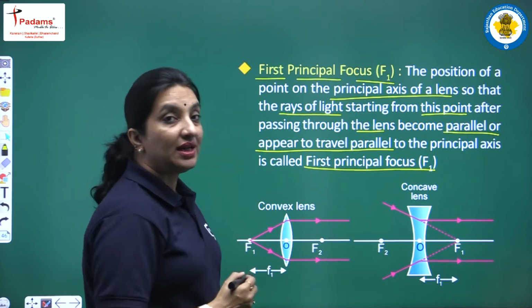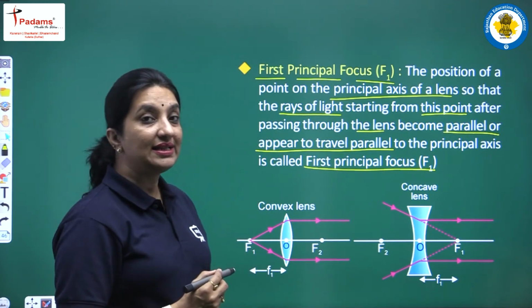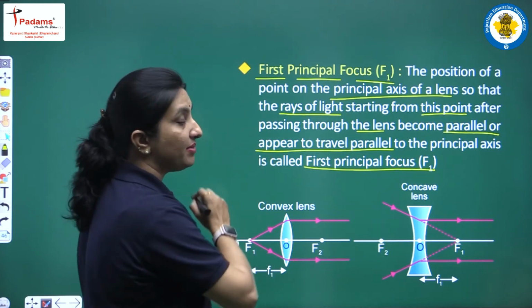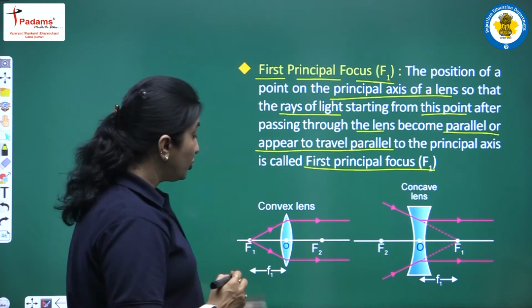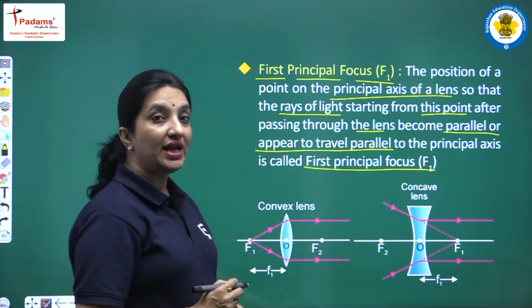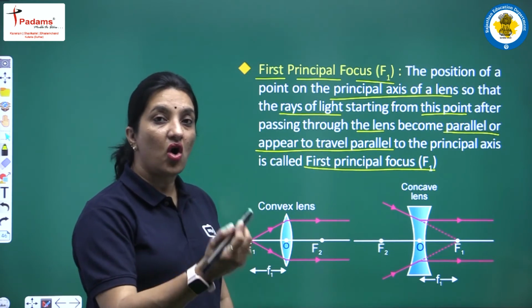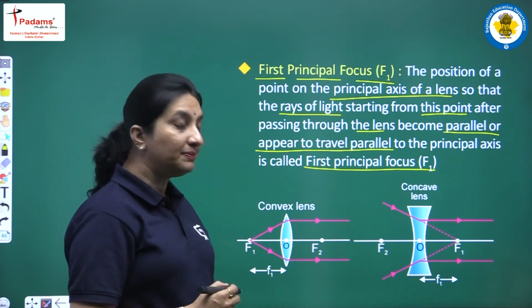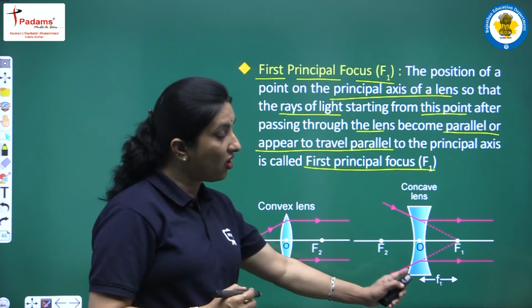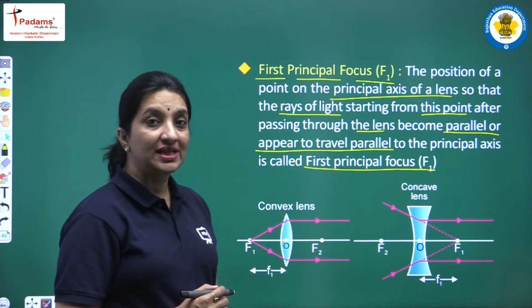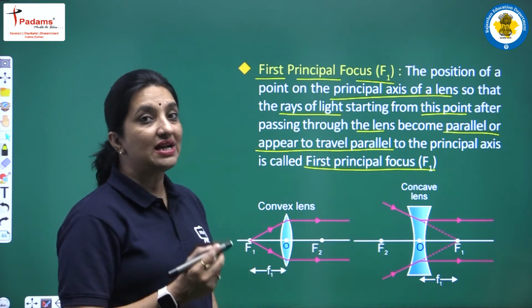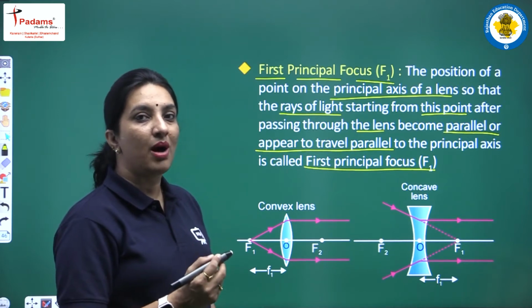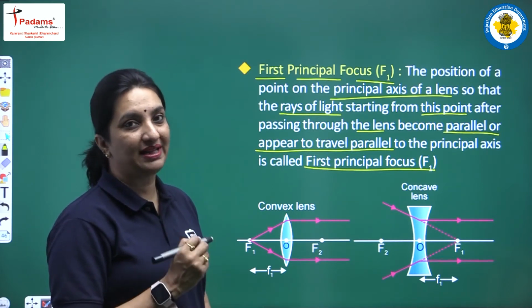Now students, what is being said is that the first principal focus is the point through which when the light rays are incident on the lens, let it be a convex lens or a concave lens, then the rays of light after refraction will come out पैरेलल टू द प्रिंसिपल एक्सिस.